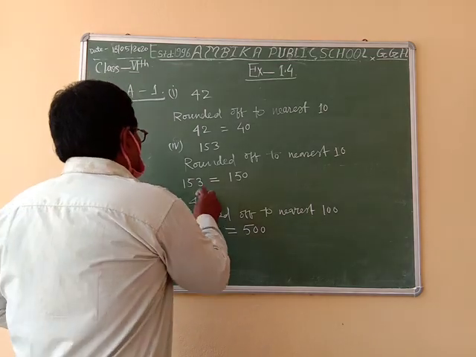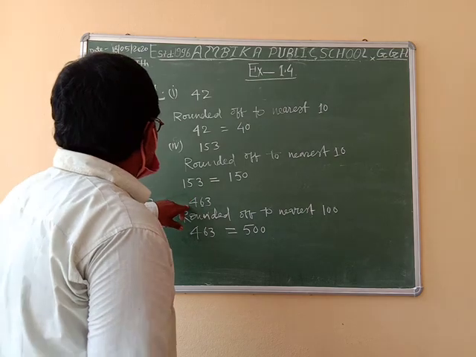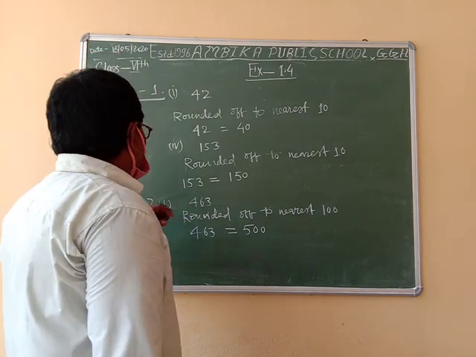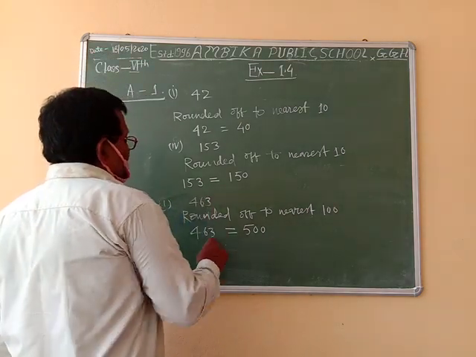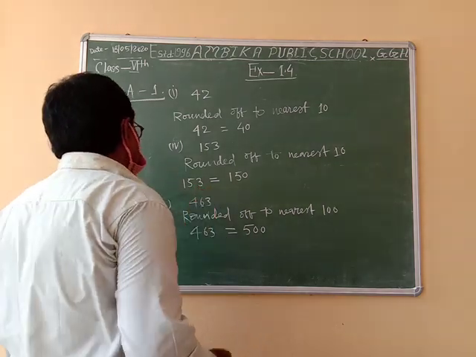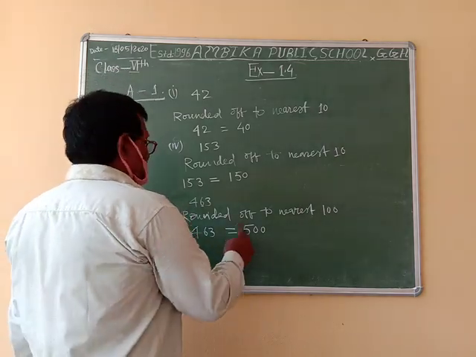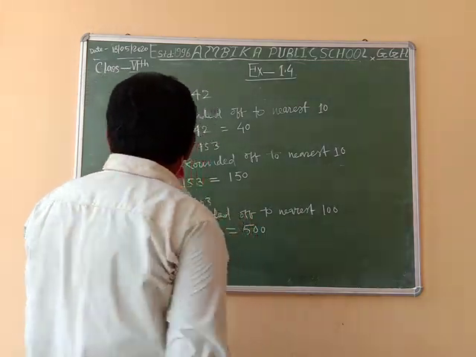Here the tens digit is more than 5, so we increase the hundreds digit by 1 and write 00 at the tens digit and ones digit. So the estimated number is equal to 500.